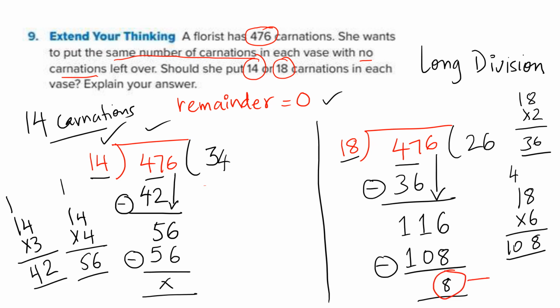Means how many flowers will be left? 8 flowers will still be left, but this is not what we want. She wants to put the flowers in those number of vases such that no flower should be left over. Therefore, the correct answer is 14. So you will select 14 as your answer, because in this case the remainder is 0.